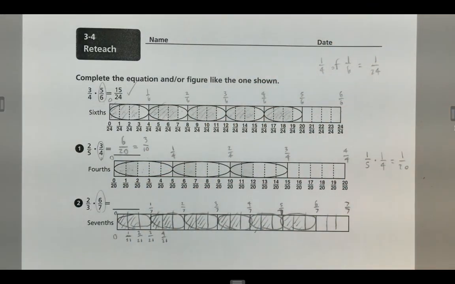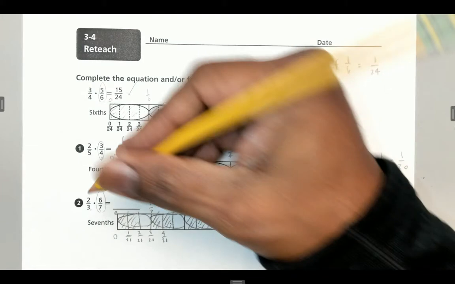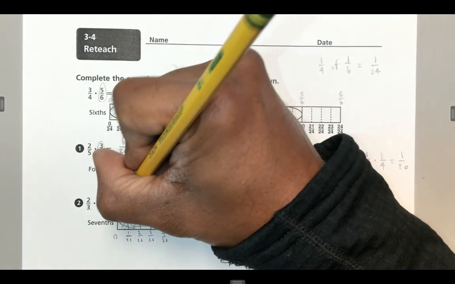And I'm not going to keep labeling them. You get the point. Now, total them up. 1/21, 2/21, 3/21, 4/21, 5/21, 6/21, 7/21, 8/21, 9/21, 10/21, 11/21, 12/21.